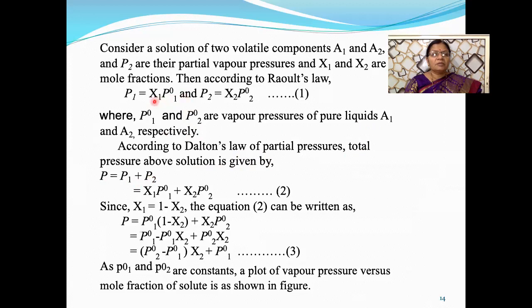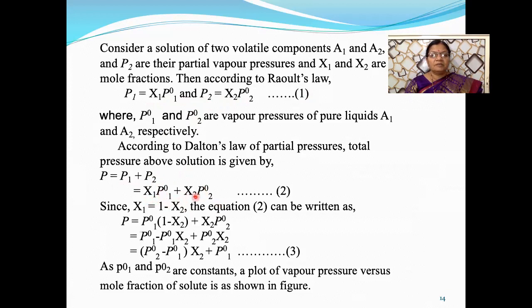Now, according to Raoult's law, from equation 1, put the values of P1 and P2 in this equation. So it becomes P = X1 P01 plus X2 P02.